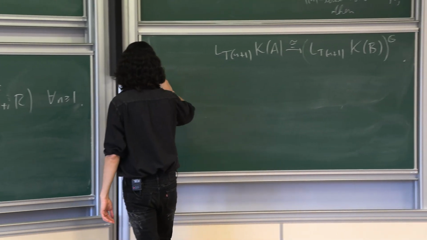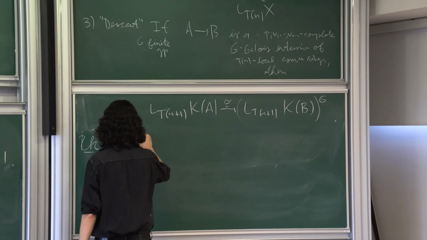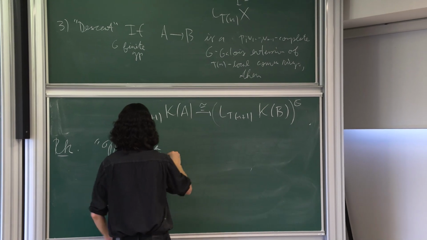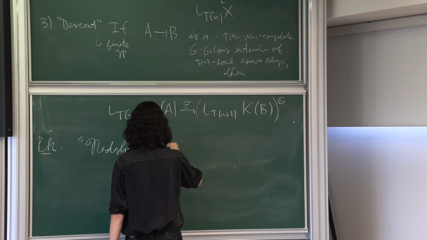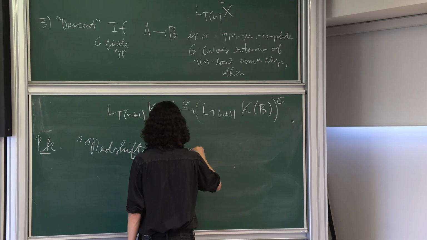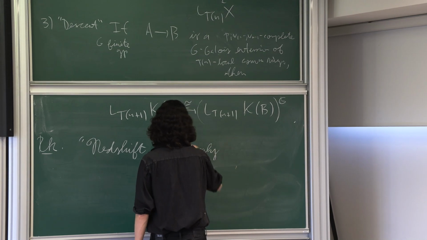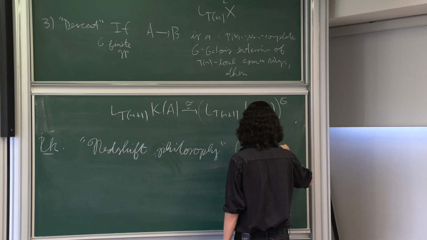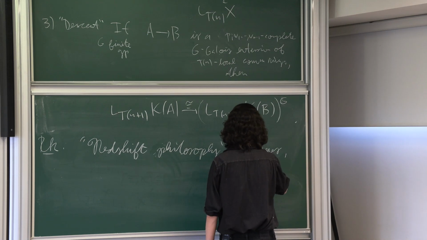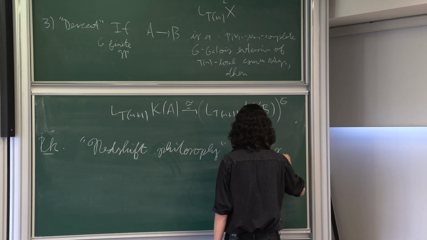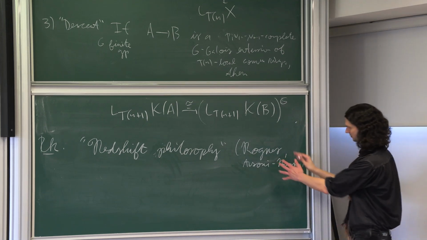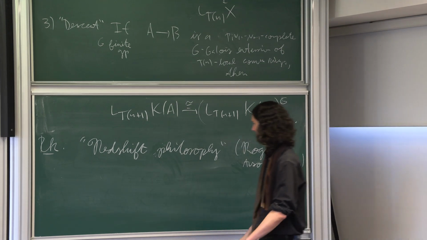So in general, the redshift philosophy of Rognes, Ausoni-Rognes. It was more than a philosophy. I mean, they proved results that pointed in this direction, but maybe I'll get to that later.